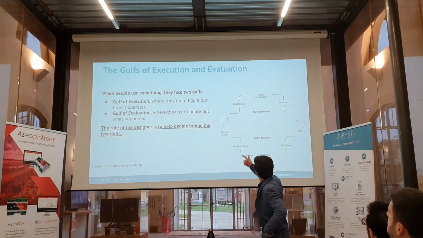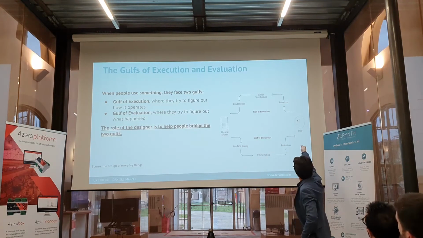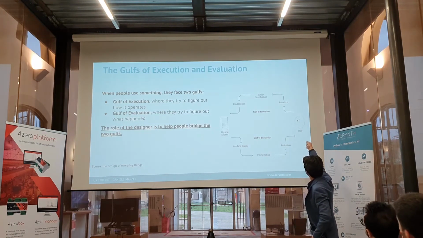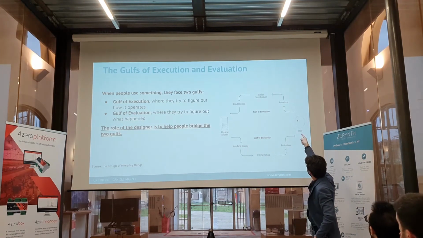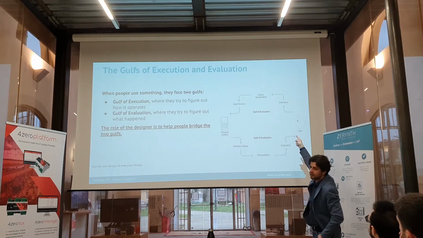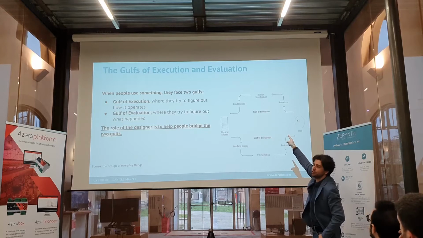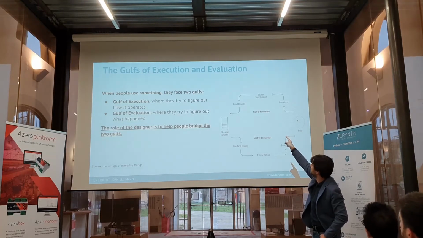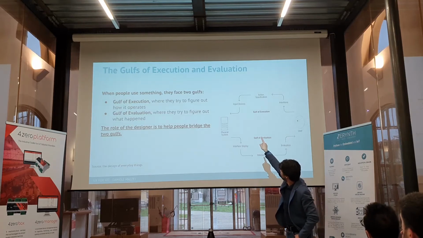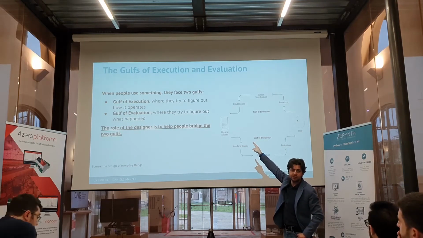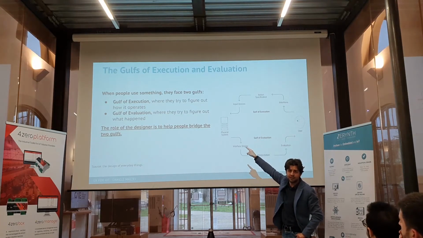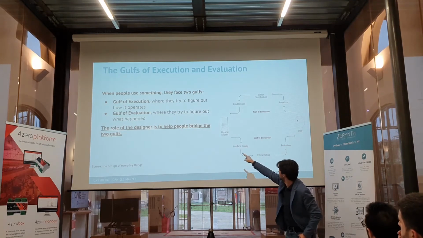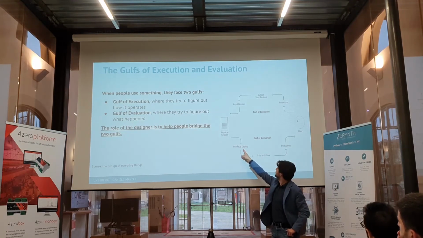The goal of execution is when the user, given some intention, imagines which action she should perform, then applies these actions as input to the device, and then receives a feedback.